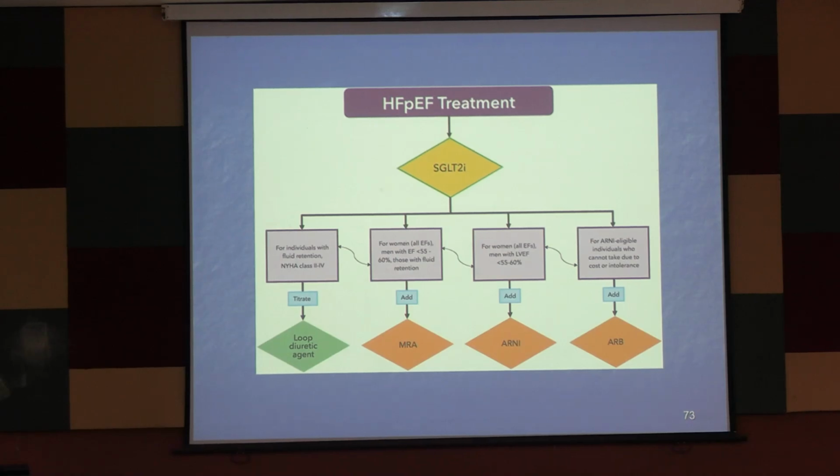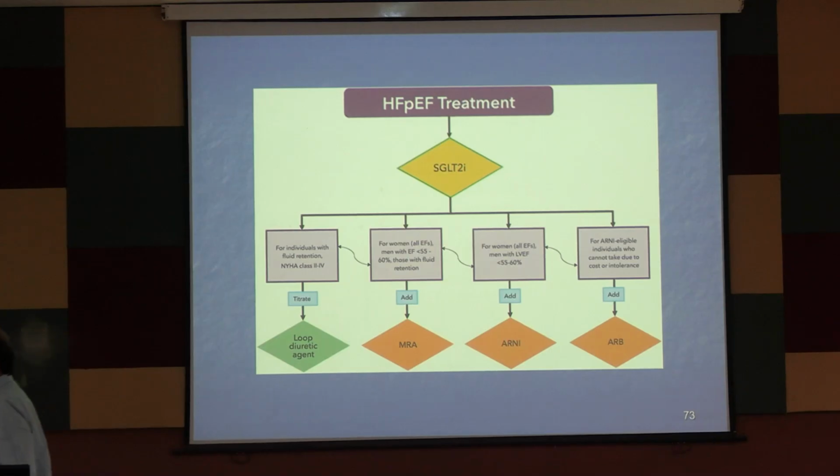Then, again, in case of female, irrespective of the ejection fraction, but in male, ejection fraction less than or equal to 60%, we can add ARNI. And lastly, for all eligible individuals who cannot take it due to intolerance, add ARB.